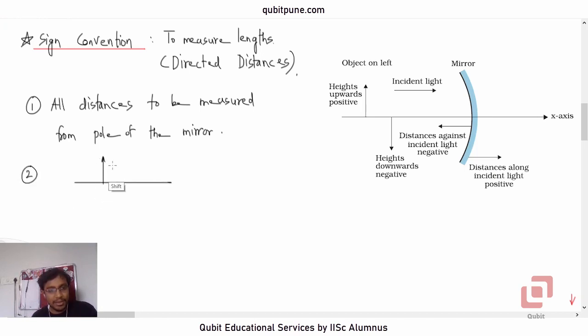Distances measured vertically upwards are positive, vertically downwards are negative. So this is very much like the y coordinate sign convention, when they are positive and when they are negative.